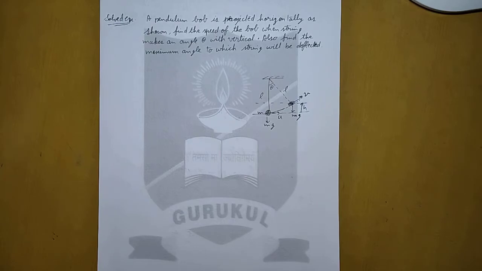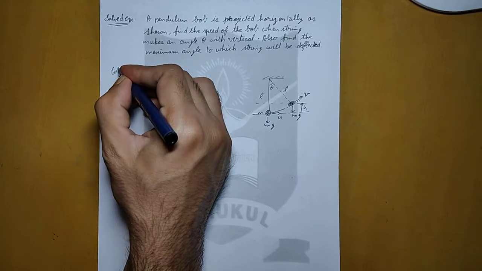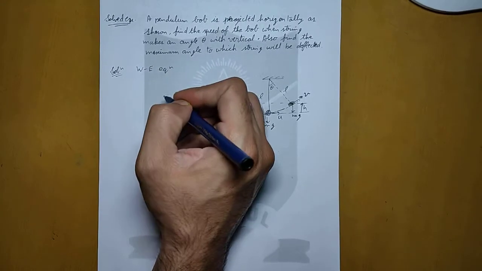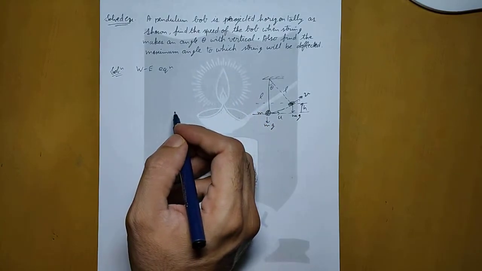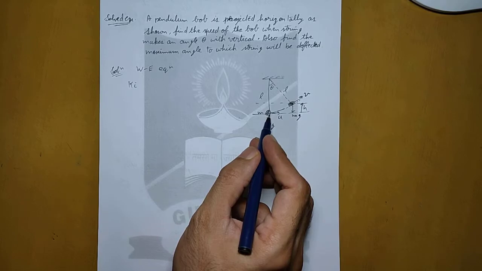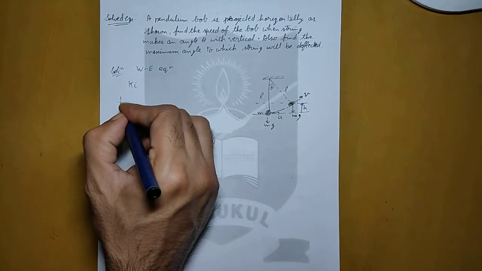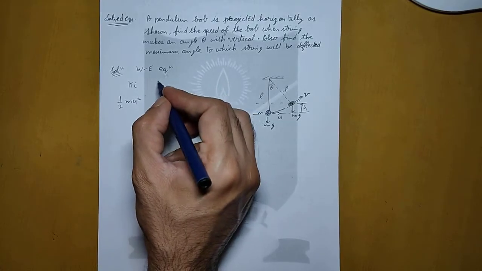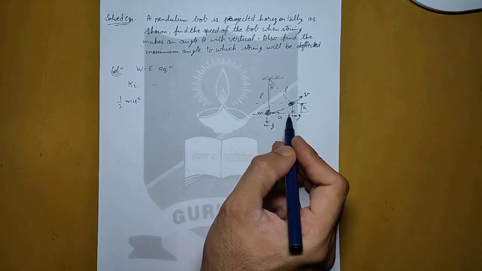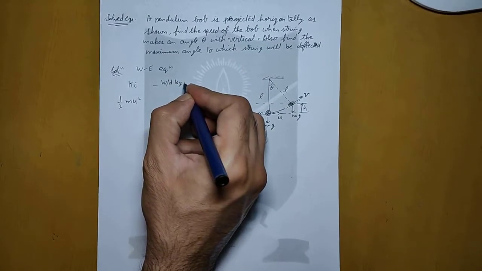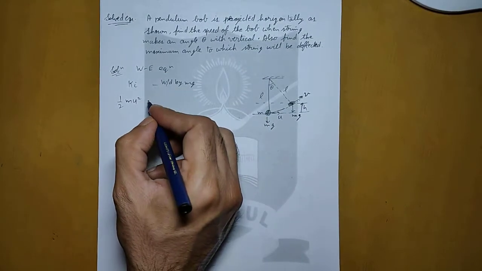Now if we write the work energy equation of this condition, then the initial kinetic energy, since the initial velocity given is u, is half m u square, minus, we know that negative work is done by mg, so you write minus the work done by mg.